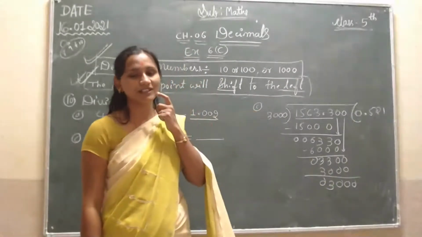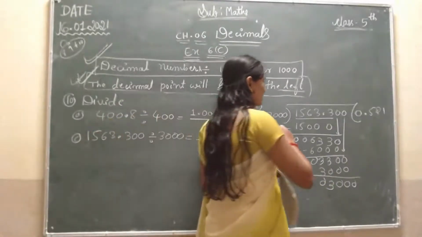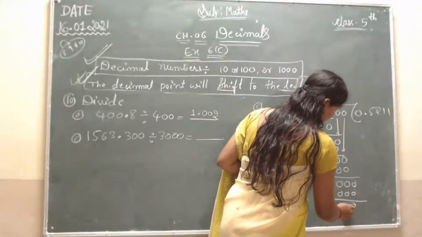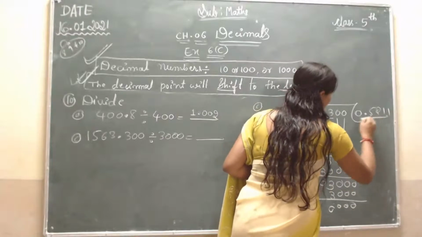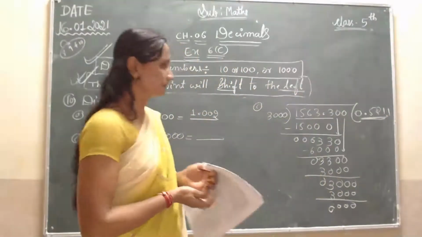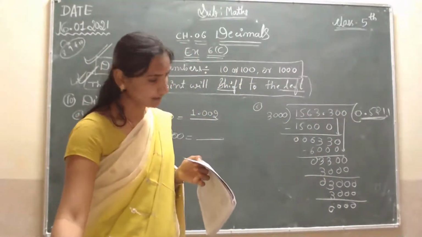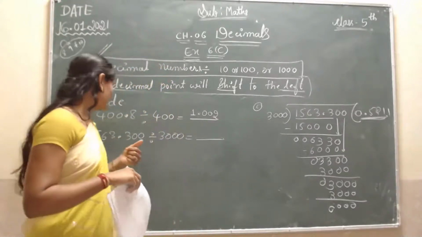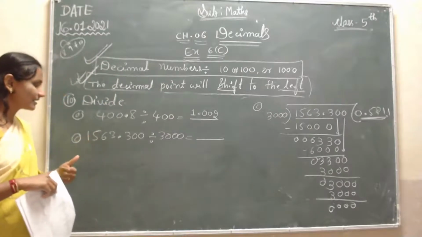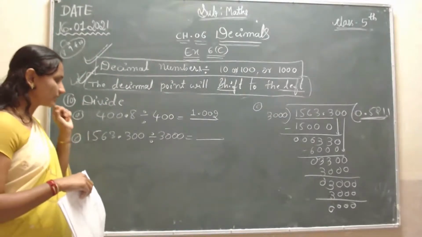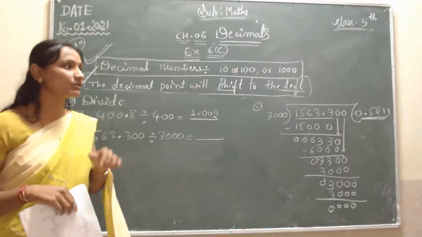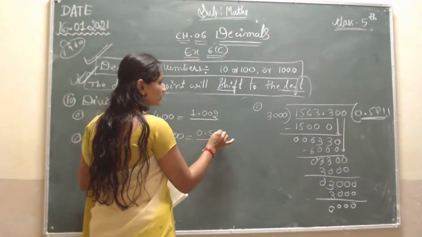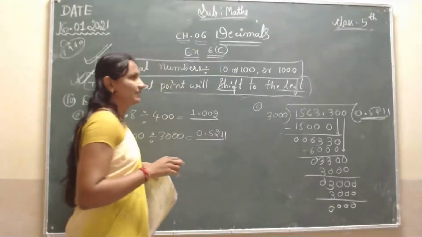You have to compare divisor and dividend, they will be the same. So 3,000 once is 3,000. You have to do the subtraction. Students, what is that? The answer is 0.521. So 1563.300 divided by 3000, we will get the result 0.521.